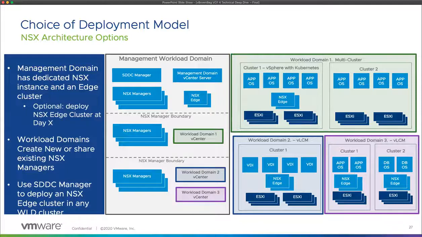This is all done through a gated type form, so to speak. So in the instance of vSphere with Kubernetes, you need a large NSX edge. Reason for that is because you need load balancing to happen behind there. So if you go ahead and select what is called a profile when you deploy a NSX edge, you have the option of picking a profile that is made for workload management or vSphere with Kubernetes.